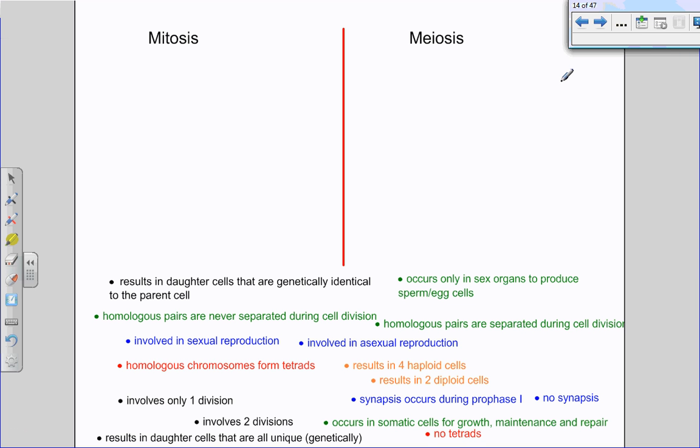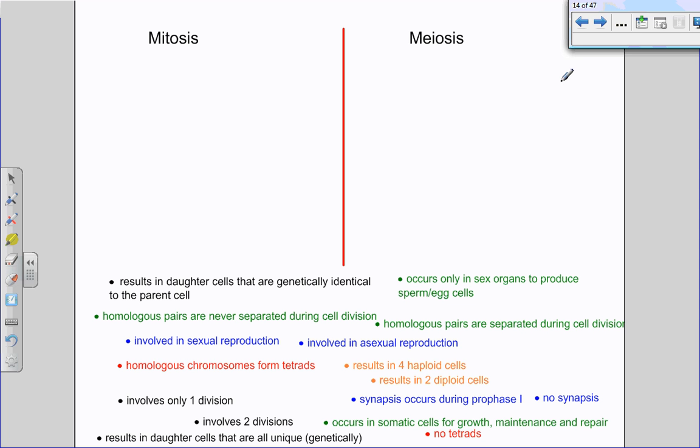You can do them on your own. Think of how they are similar. Much of what happens with the centrioles and the spindle fibers is very similar. They're both required for an organism to be developed if they are sexually reproducing organisms like us.